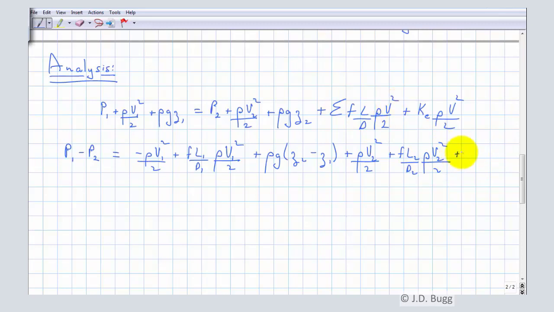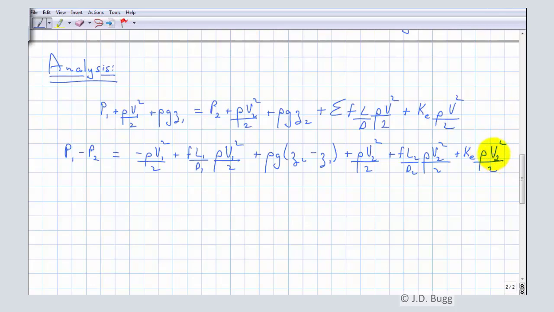And then finally, the minor losses. And I'm going to choose here to base these minor losses on the velocity in the small pipe. So I put V2 squared over 2 here, rho V2 squared over 2. Notice that when we finally calculate a number for this minor loss coefficient, we have to specify, along with that number, it's part of the answer, that it was calculated based on the velocity at the exit of the reducing fitting.